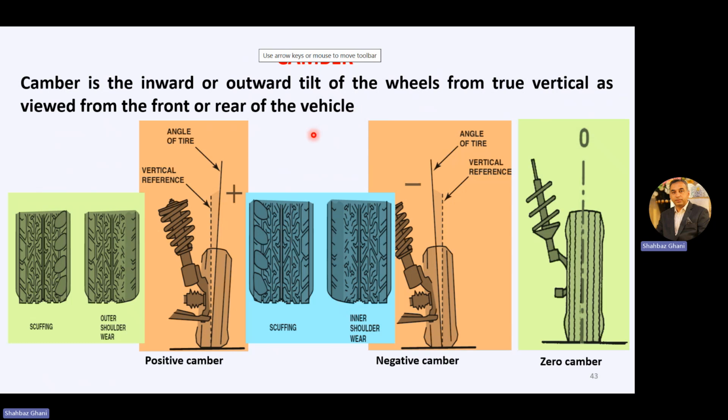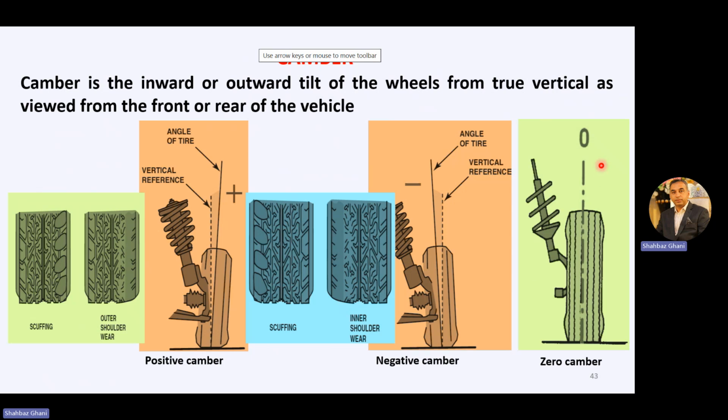Now, you are standing in front of or behind the vehicle and you see that the wheel is tilted outward or inward. So that is your camber angle.